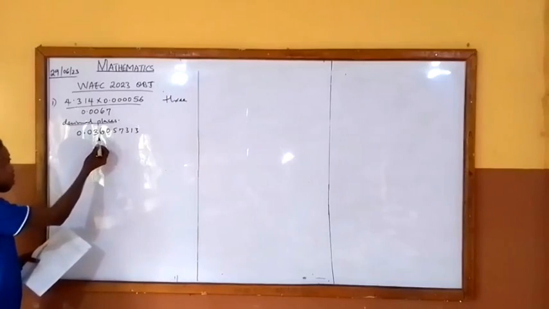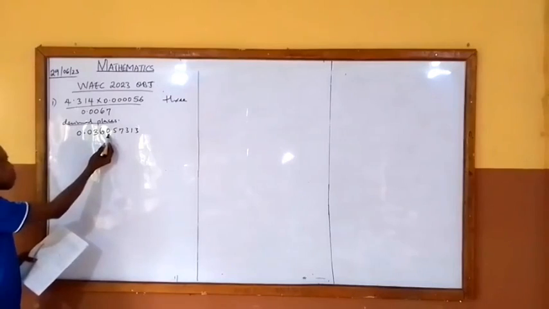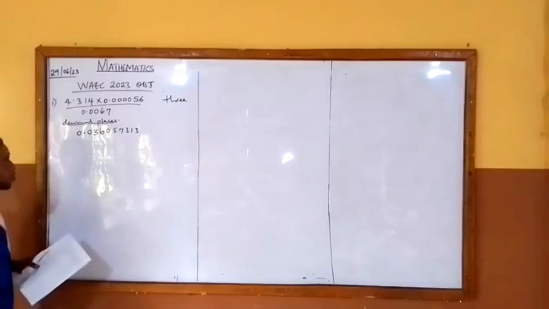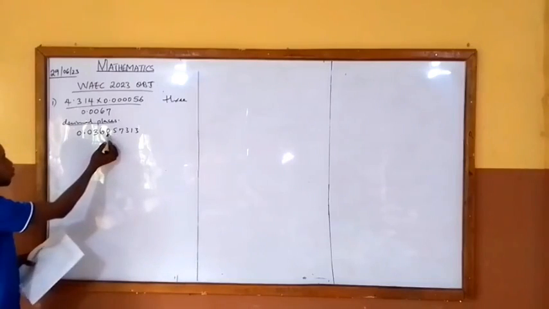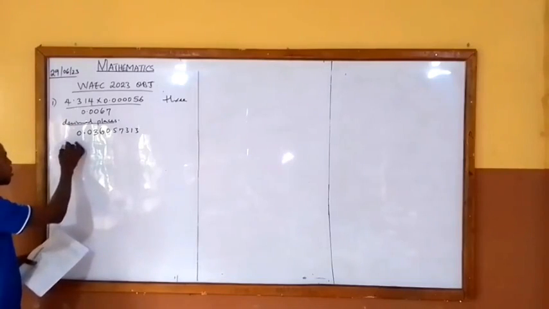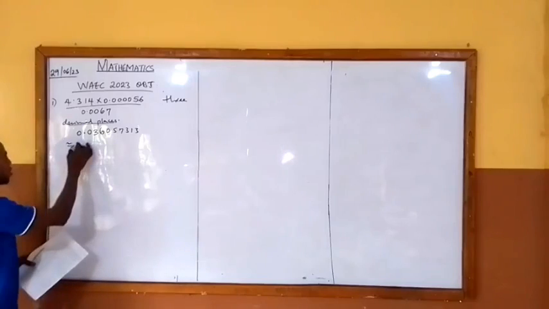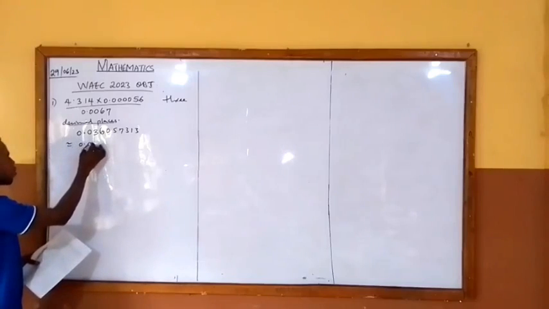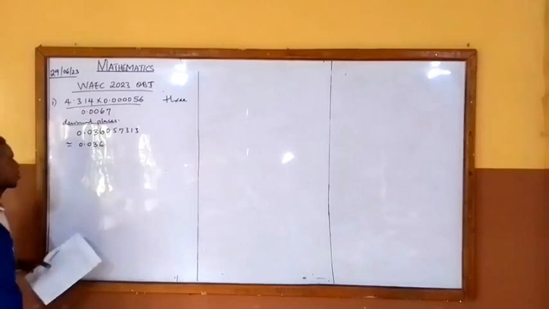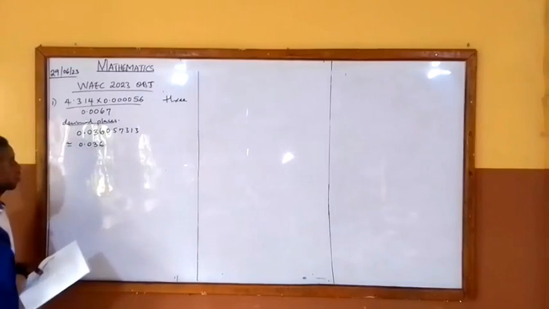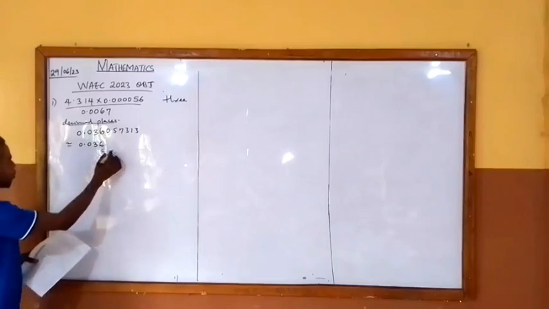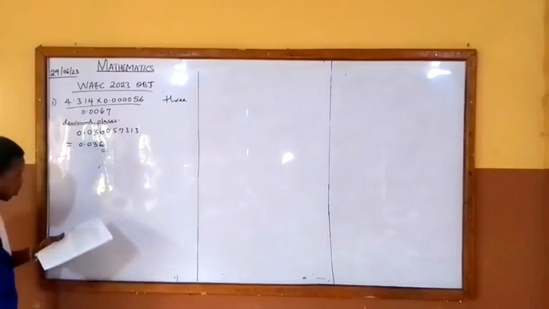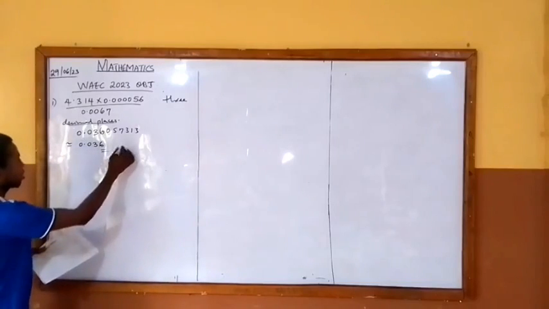You have to consider the number after this position as well, and since it is not up to 5, you can just write it down. To 3 decimal places, it will be 0.036. So please take note, and from this question the correct option is option B.